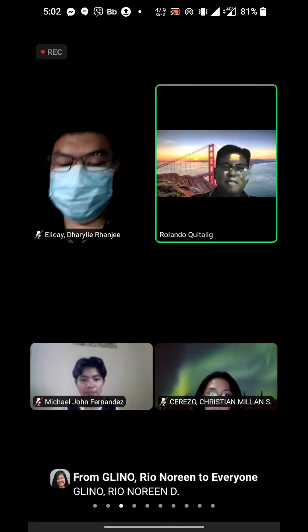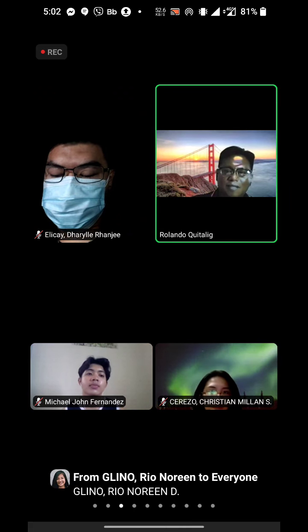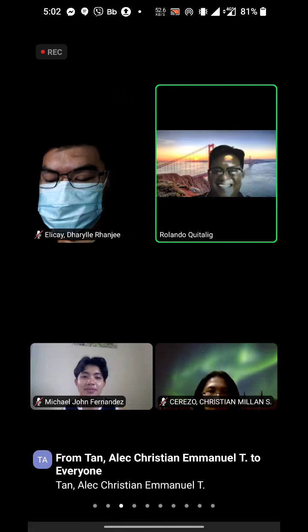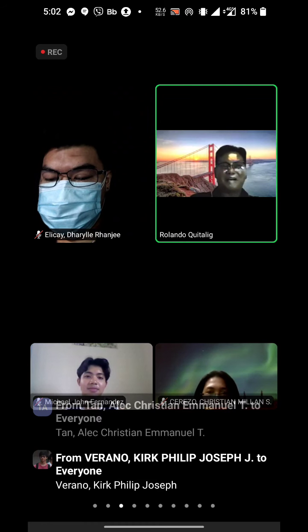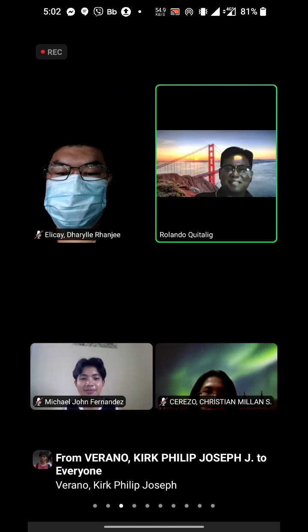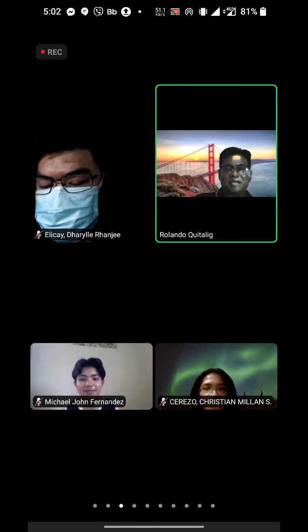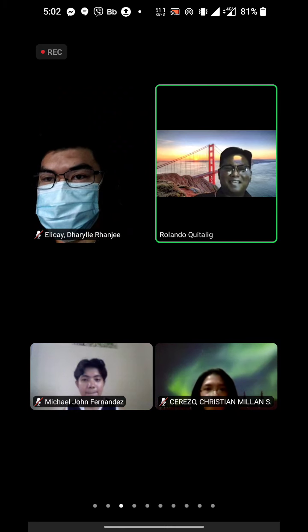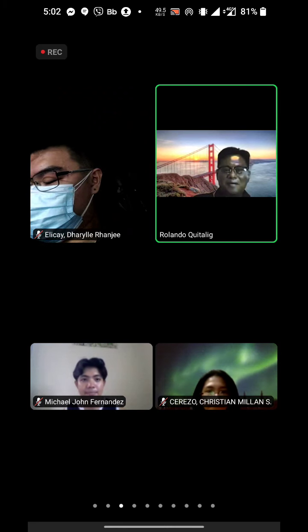Souvenir ko lang, piniprint ko to, tapos nilalagay ko sa wall ko. Tingnan lang natin yan. Best smile, request lang. Teka muna, may nag-key in pa ng name. Okay, kompleto na, mukhang kompleto na.